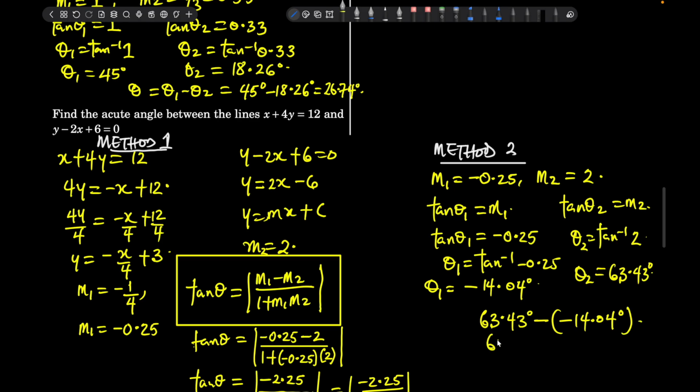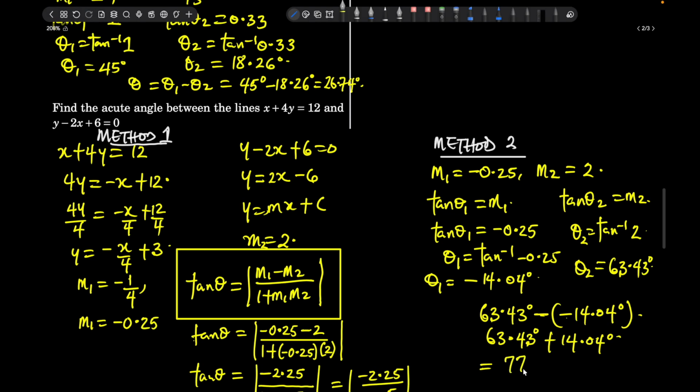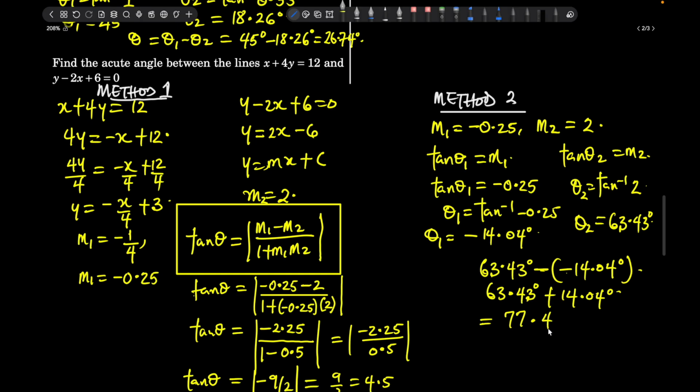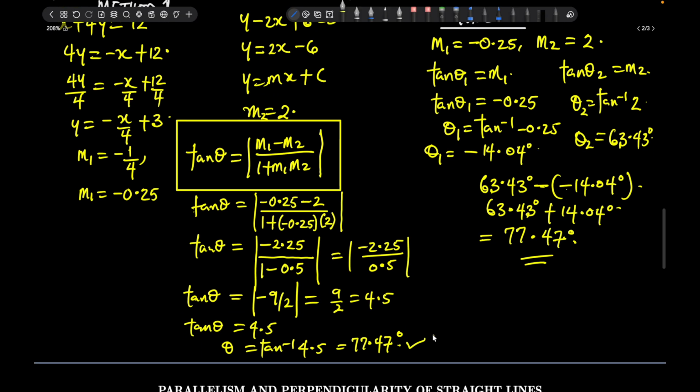So you have 63.43, minus times minus is plus, then 14.04 degrees. So when you do that, you have 77.47 degrees, which is the same answer that we got here.